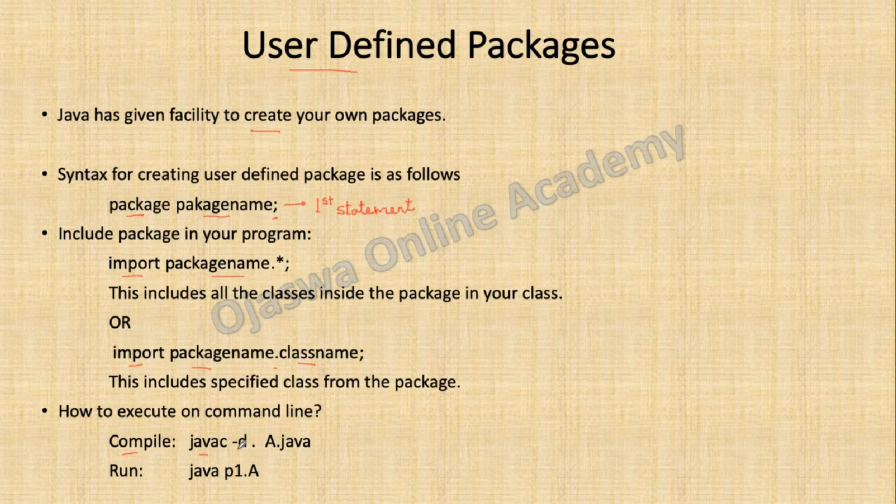Javac invokes the Java compiler, -d creates a directory, then a dot and your file name. By providing this option -d, you're telling the Java compiler that you have a package definition in your class and it needs to create the defined package. So whatever class file is generated will automatically go inside the defined package.